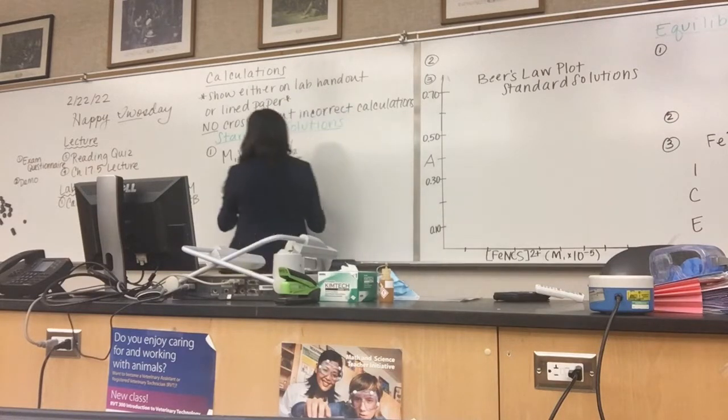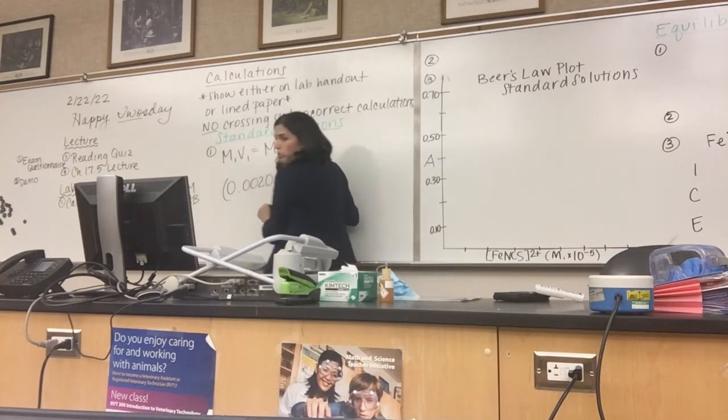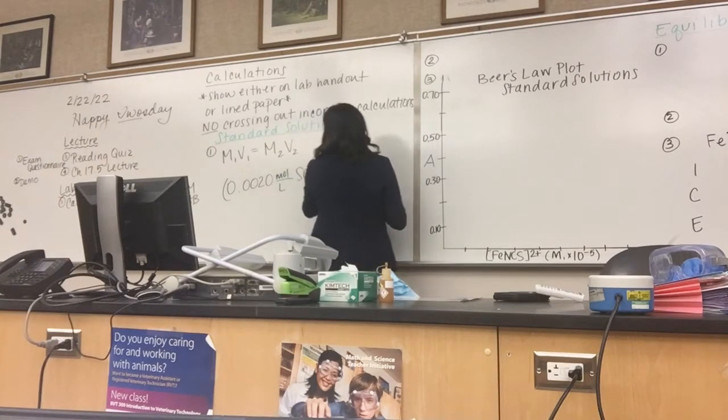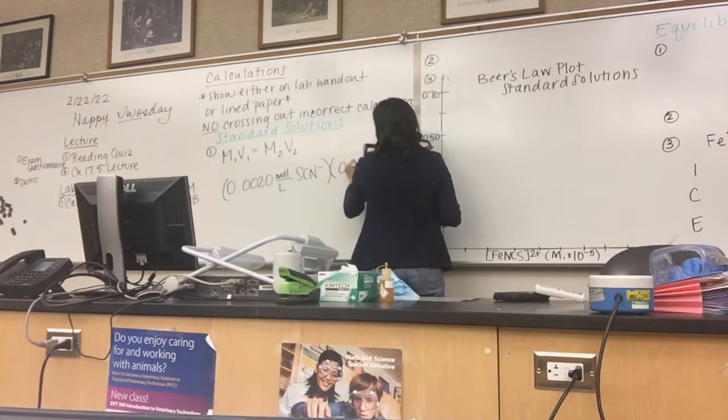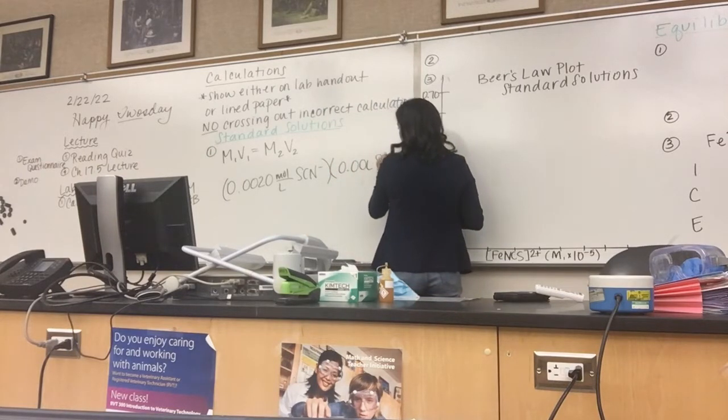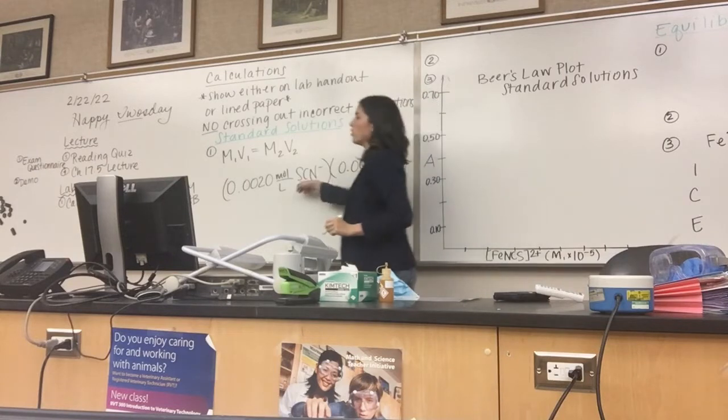So where did these numbers come from? I give this 0.0020 moles per liter of thiocyanate, and I multiply that by 0.00 liters of thiocyanate. Where did these two numbers come from?